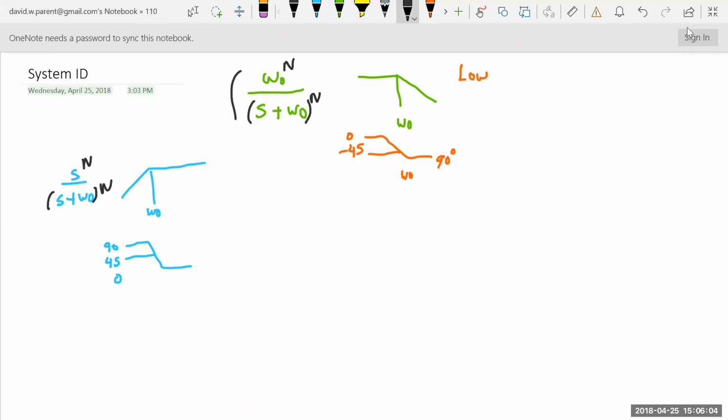So, yeah, low pass. Passes low, right? High pass. Passes high.